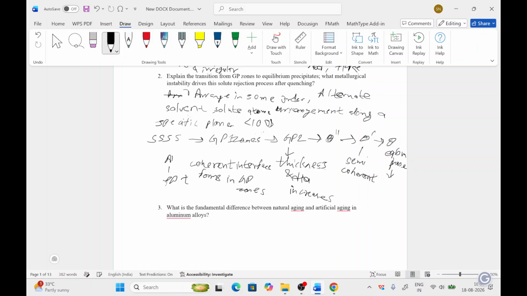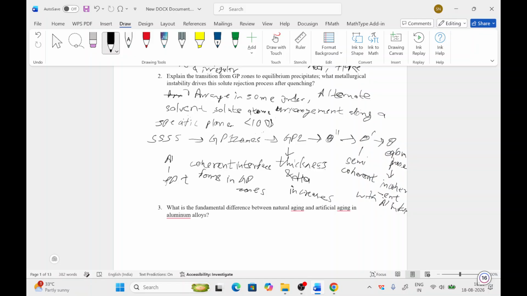So this equilibrium phase is incoherent with the aluminum matrix, and its size is also large compared to the GP zones and theta double prime precipitates.